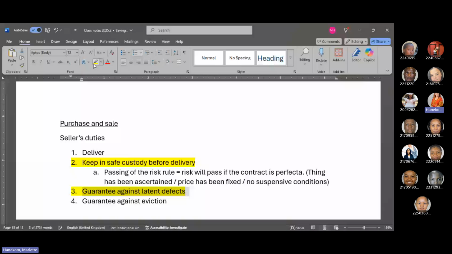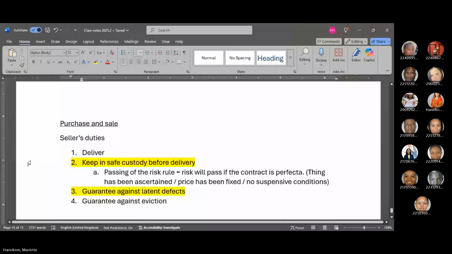Guarantee against eviction, you don't normally confuse with these because it's totally different. That's when the seller was not the real, true owner, and the true owner came to claim the thing back, so that's a separate one. But these two duties, you tend to mix up.